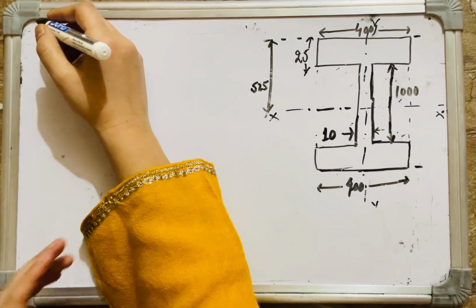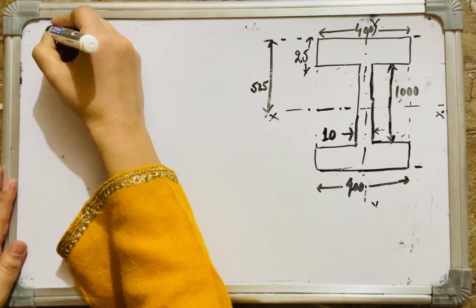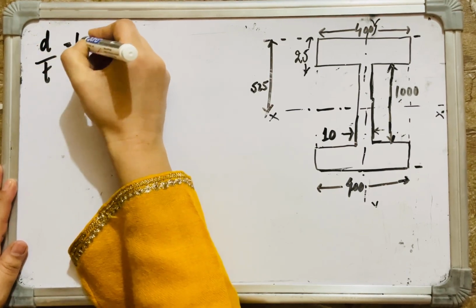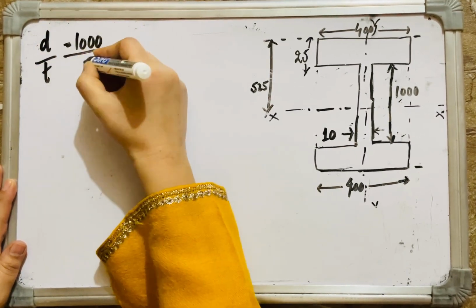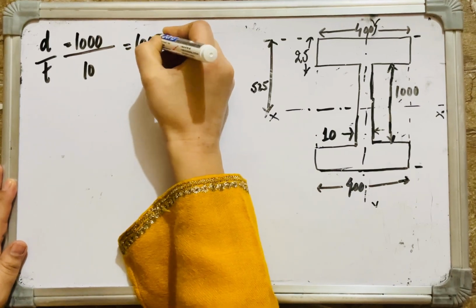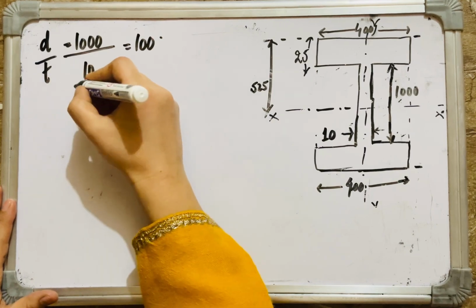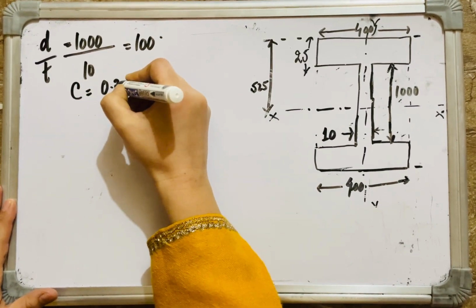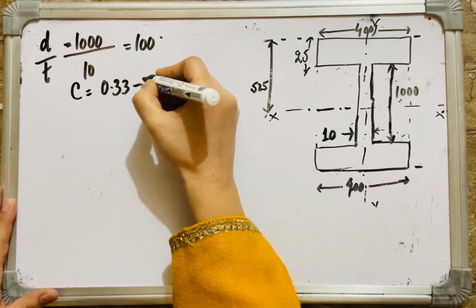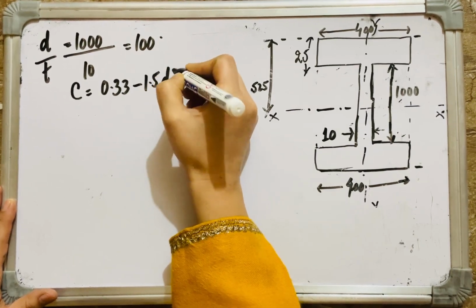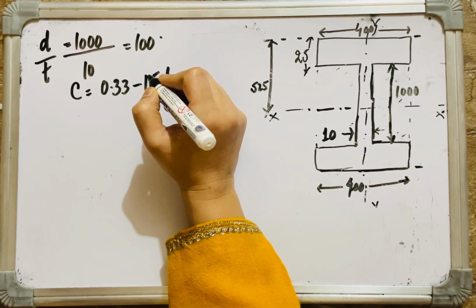Now this permissible average shear stress depends upon the ratio d by t. D is 1000, t is 10, so this is 100. And the stiffener spacing is given as 0.33d to 1.5d.